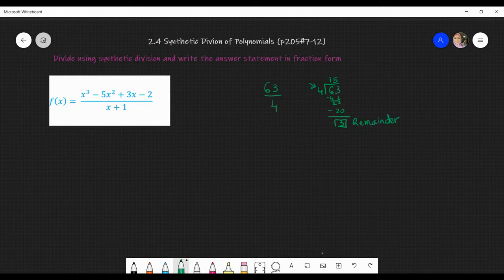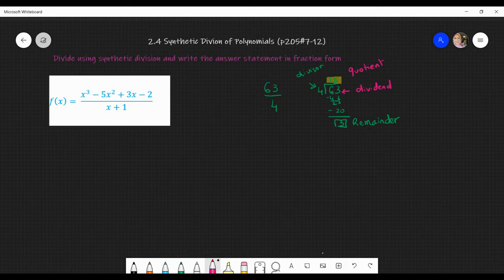We call 4 the divisor because that's what we divided by. We call 15, which is the answer, the quotient. That's our answer. And 63 is the dividend.